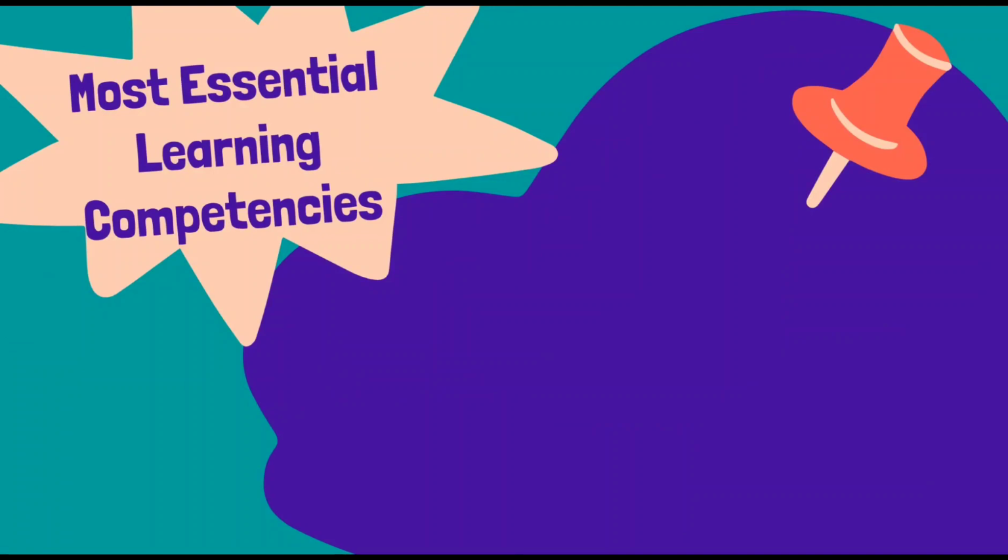For today's session, our most essential learning competencies are the first one, uses of APE and MPE. APE stands for addition property of equality and MPE stands for multiplication property of equality.